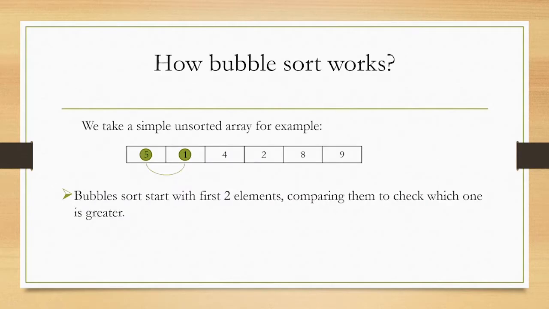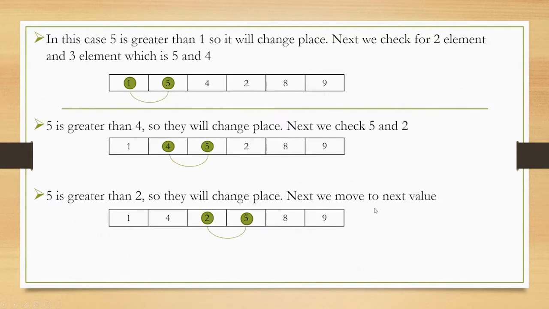How does bubble sort work? We take a simple unsorted array, for example. Bubble sort starts with the first two elements and compares them to check which one is greater, and if they are not in sorted order, it will exchange their places. For this one, it is 5 and 1. 5 is greater than 1, so it will swap.